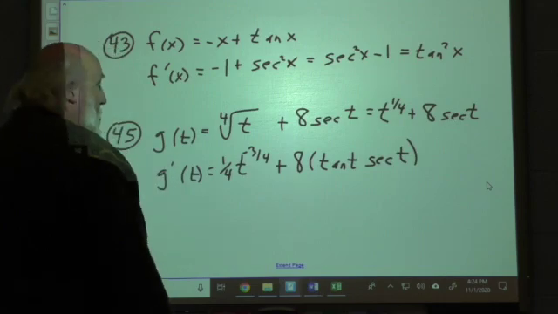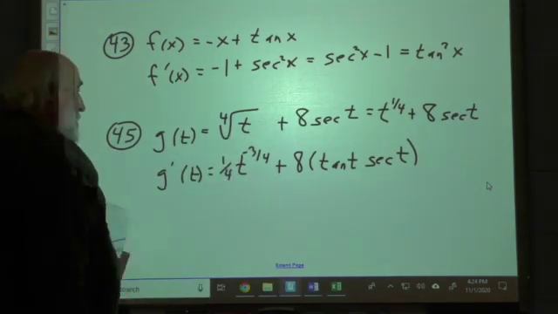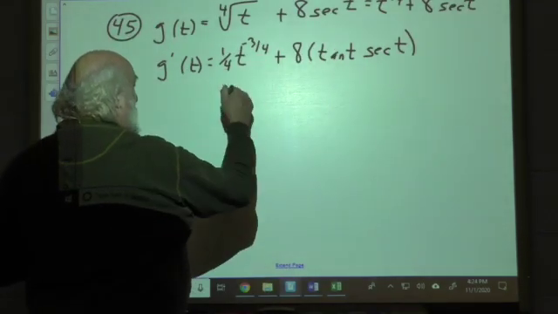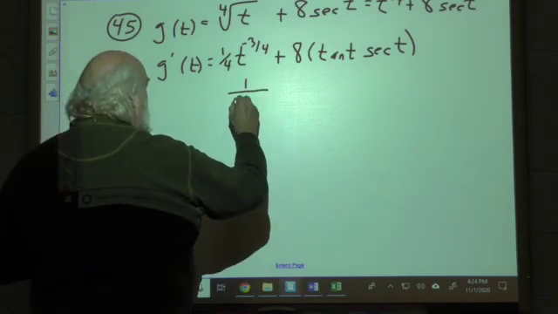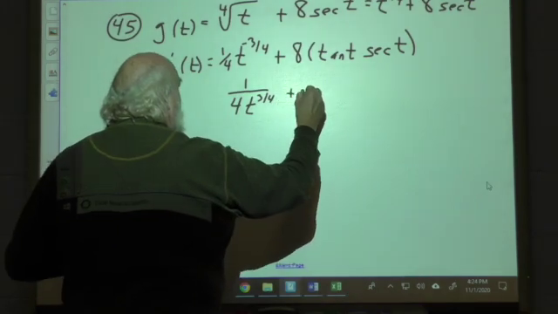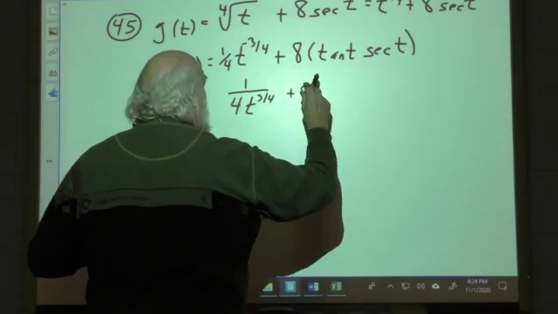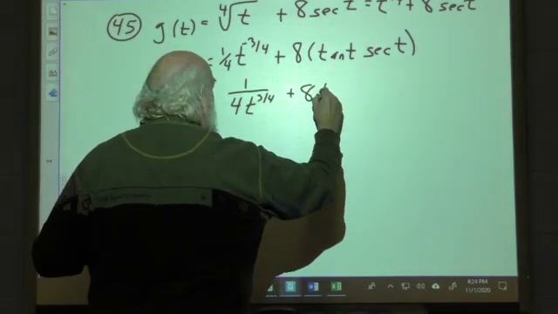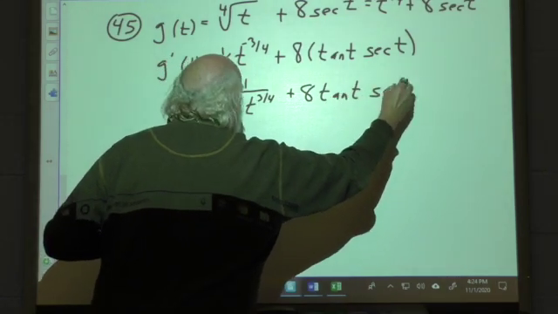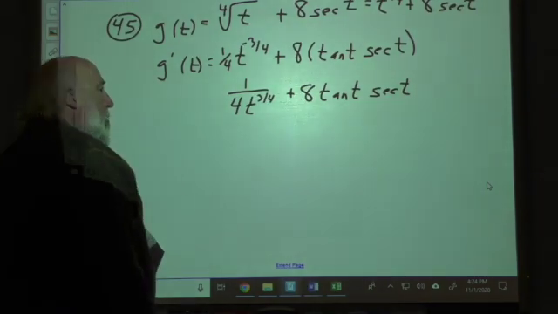So what we're going to do now is get rid of this negative exponent here. Now this becomes a denominator with the 4. So this becomes 1/4 t to the 3/4 plus 8, and we don't need the parentheses now. Tangent t secant t. You can put a little dot there as a times sign to separate it, that's fine.